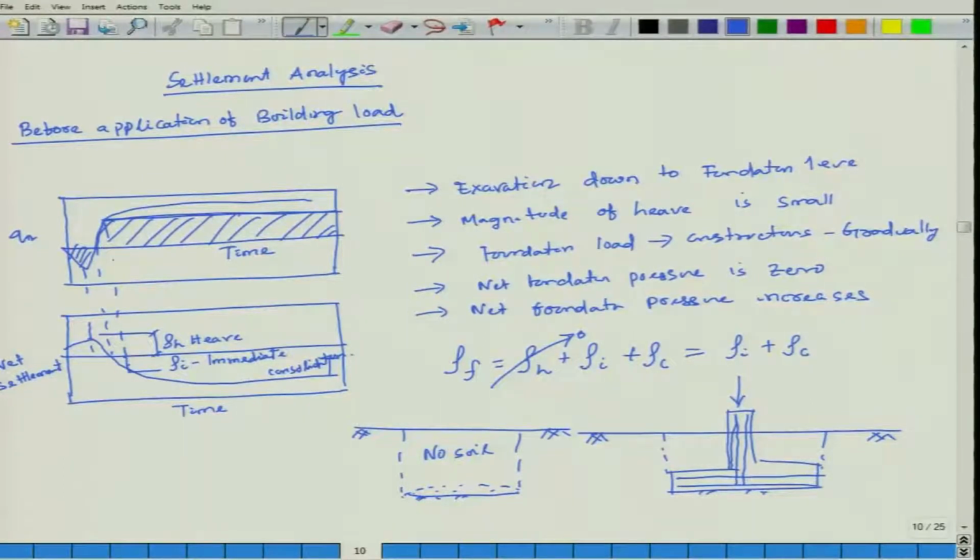Because the magnitude of heave is very small, it is neglected. So total settlement is equal to immediate settlement plus consolidation settlement. Then, writing rho f as the final settlement equal to rho i, the immediate settlement, plus rho c, the consolidation settlement. Now, start with immediate settlement.